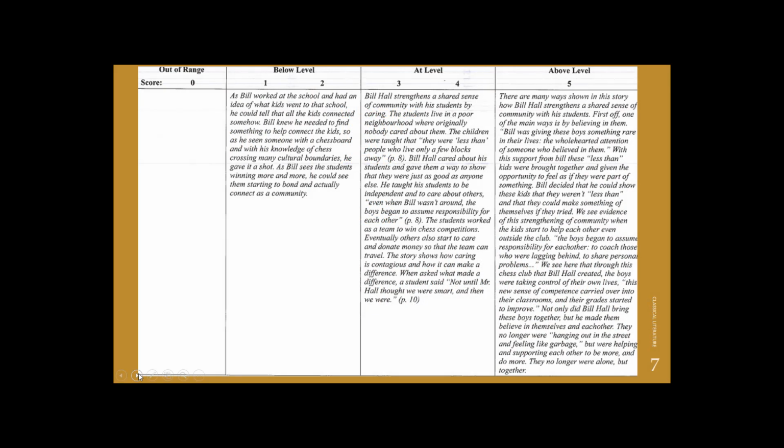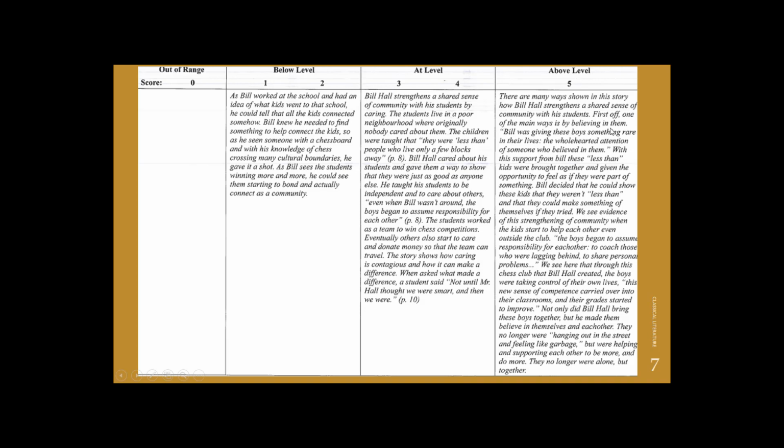So here's an example of how they've marked it. So level 5 is where we want to be, or even level 3, 4 will do it. And so you can see how they use the prompt in their answer. There are many ways how Bill Hall strengthens a shared sense of community with his students. So there's the topic sentence using those keywords.